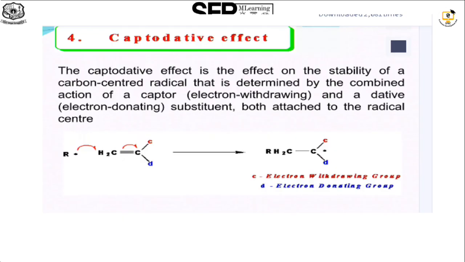It lowers the overall energy of the molecule and gives stability to the free radical. That is called the captodative effect: an electron withdrawing group and an electron donating group attached to the same free radical carbon atom.